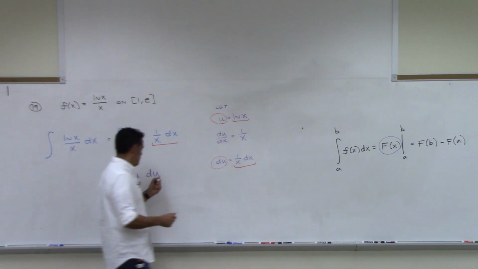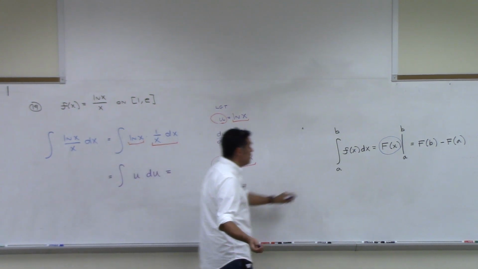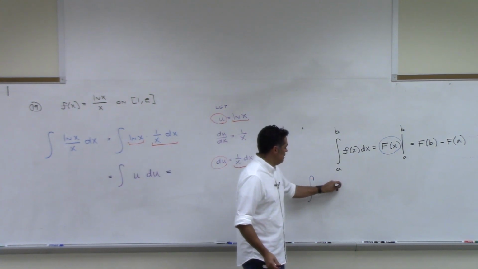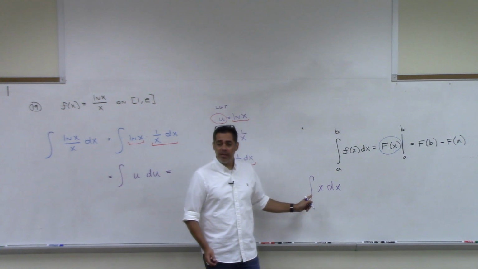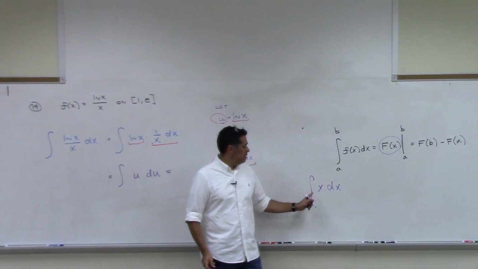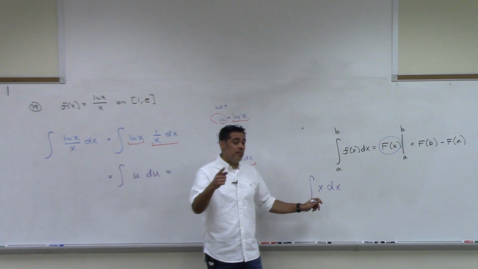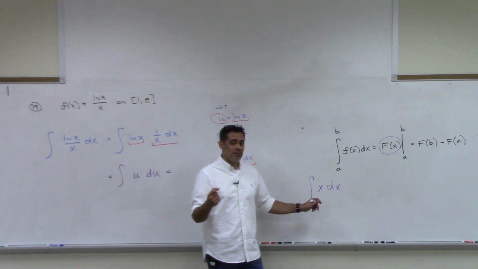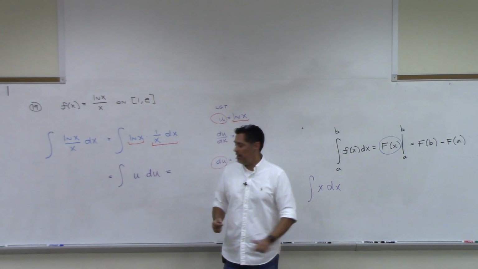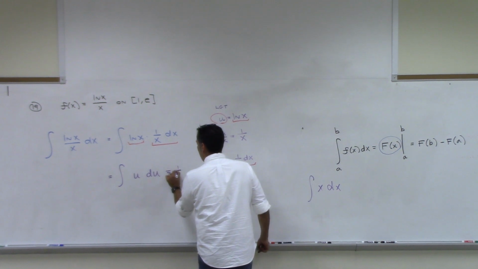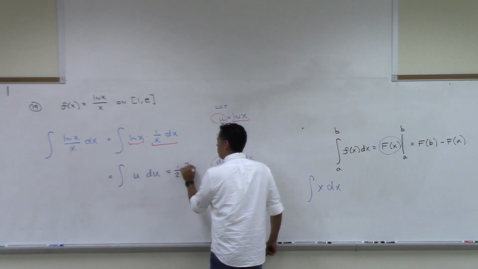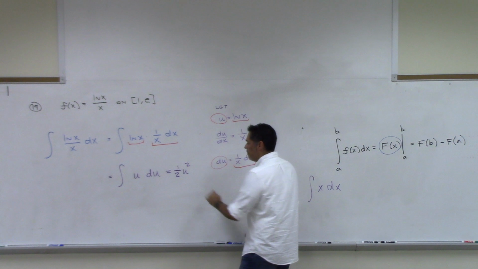What is it? What's the antiderivative of x? No, that's the derivative. Antiderivative. x squared, but then you need to kill that x squared out. So 1/2 in front, right? So this should be 1/2 u squared, and then plus c.